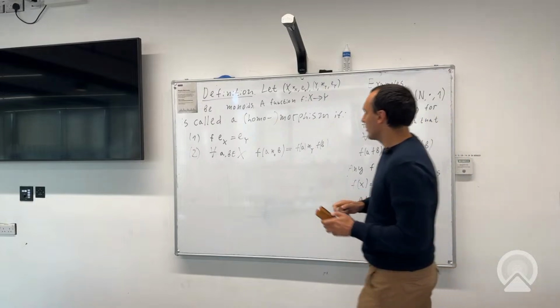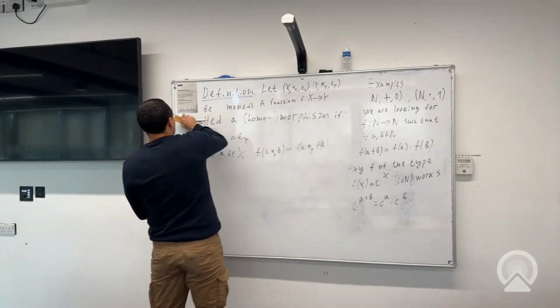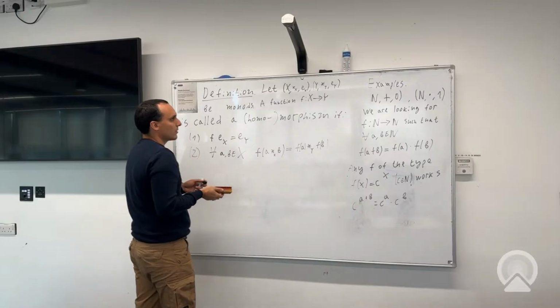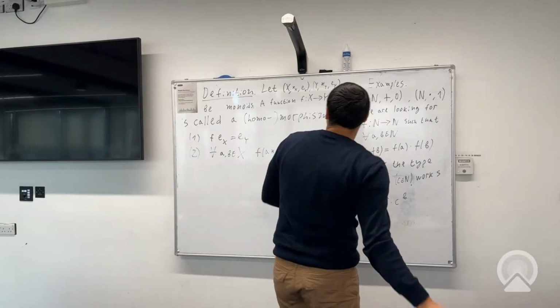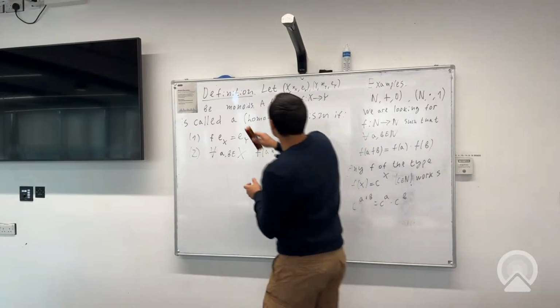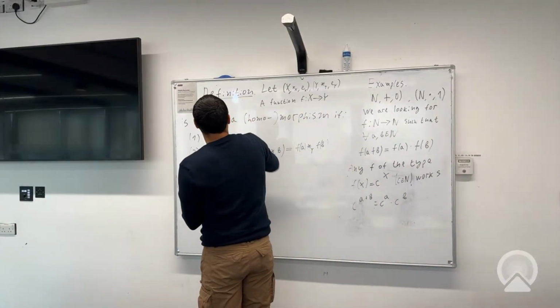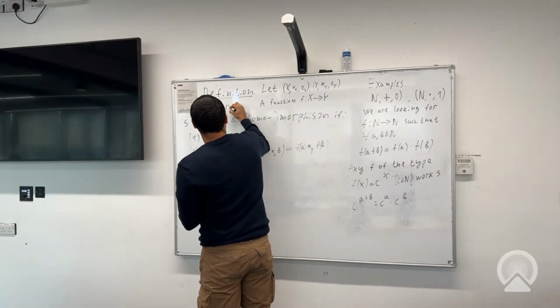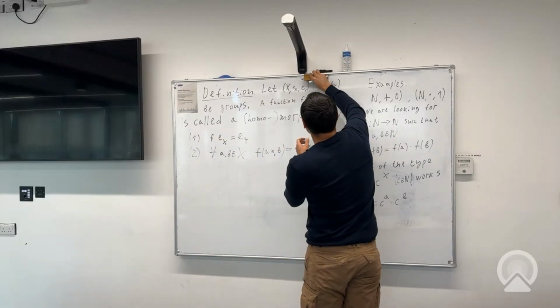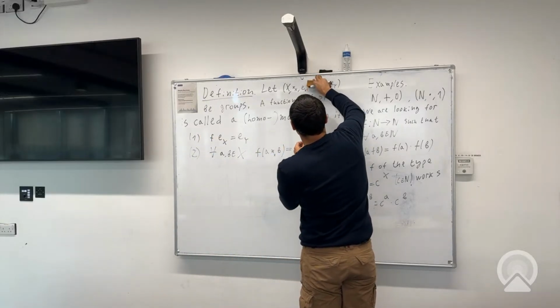I'm just too lazy to rewrite everything, because I now do homomorphism of groups. So I'll just change these to groups, and here I will put the inverse.